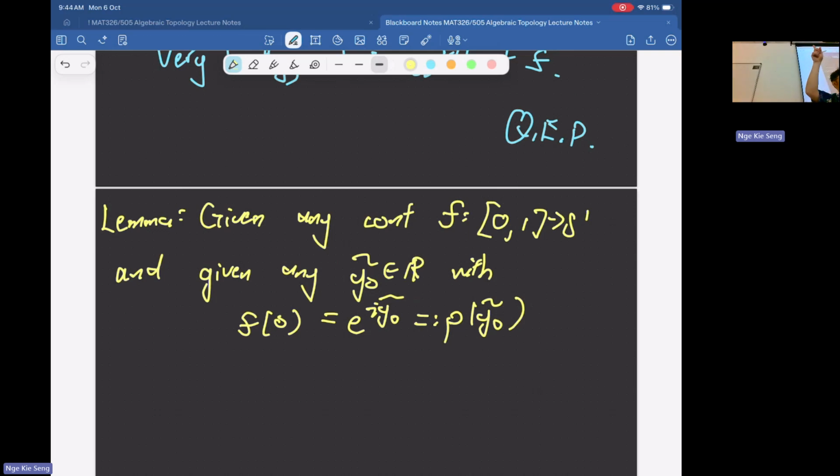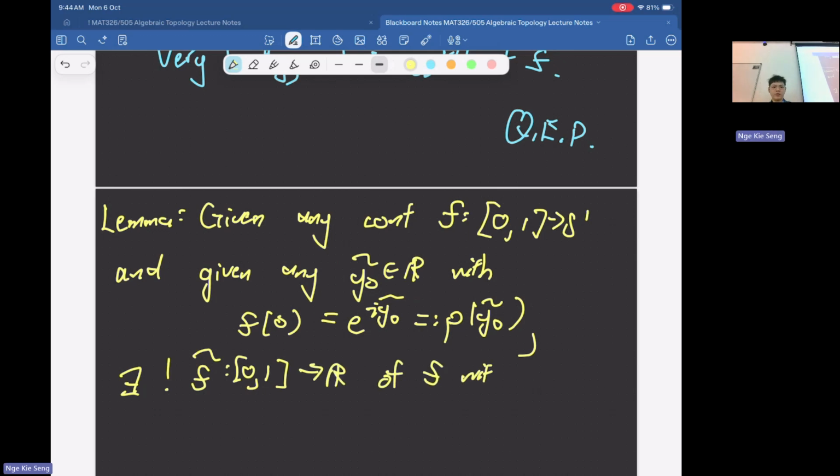Now just pick one of them. You can pick 2 pi k. Then the very interesting result here is there exists a unique lift corresponding to this pre-image. So you could lift, but depending on what the pre-image is, you will start there. Make sense or not?